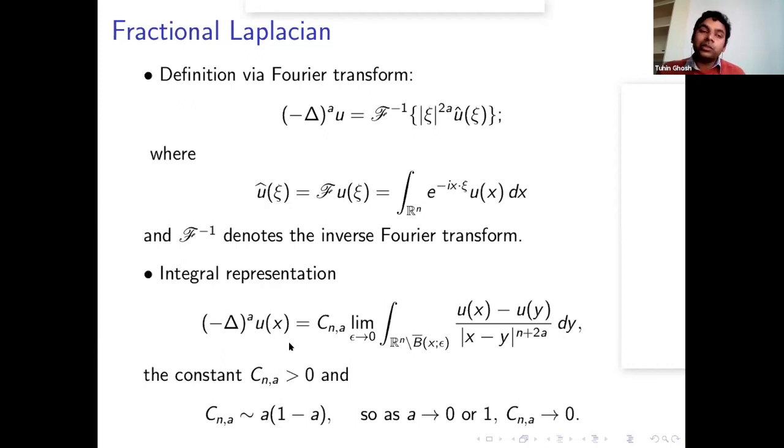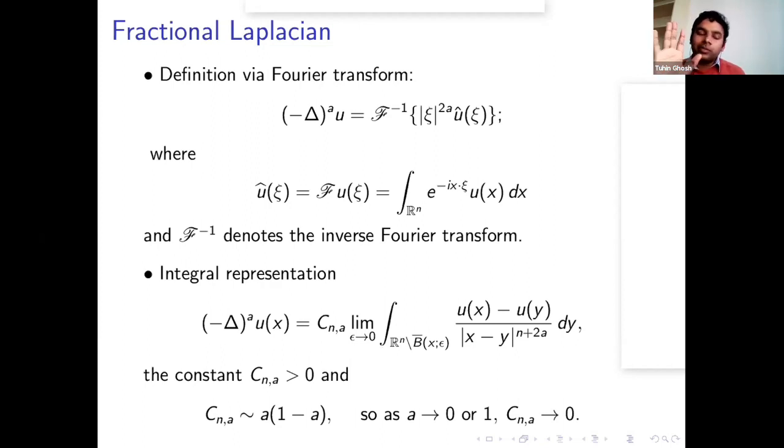It does, but it's not so simple to visualize from this integral part, because of this constant. The behavior of the constant tells you that this goes to 0, so the integral has to go to infinity, so that 0 times infinity can give you something meaningful here.